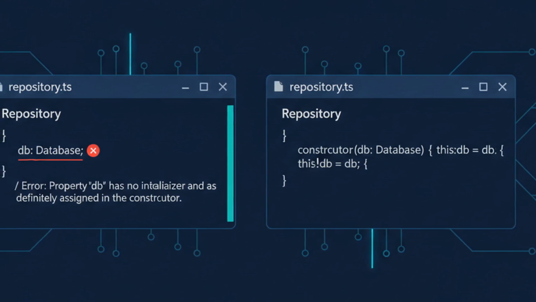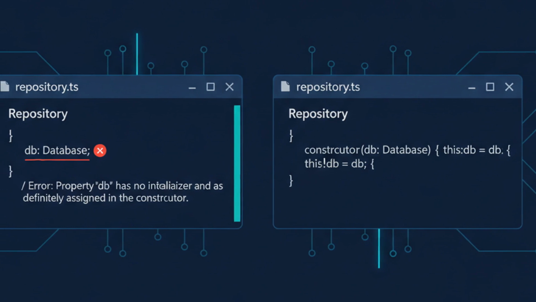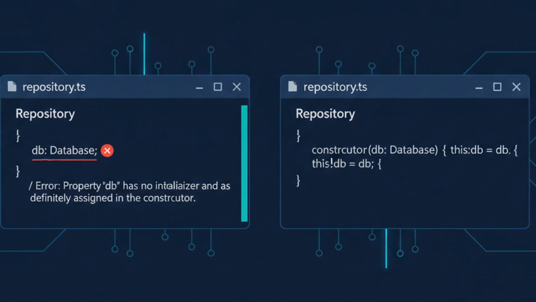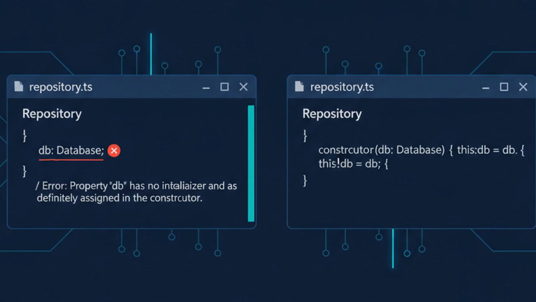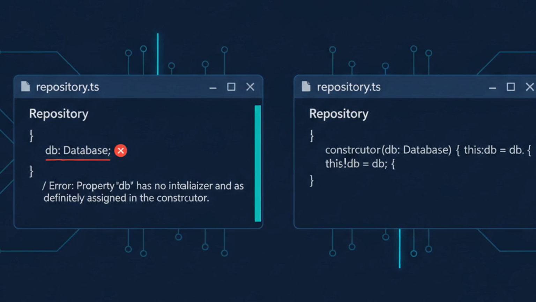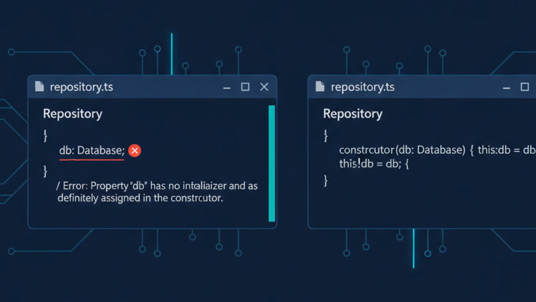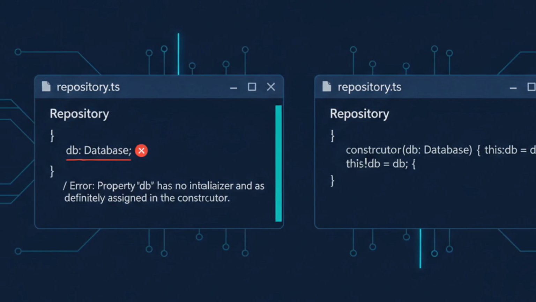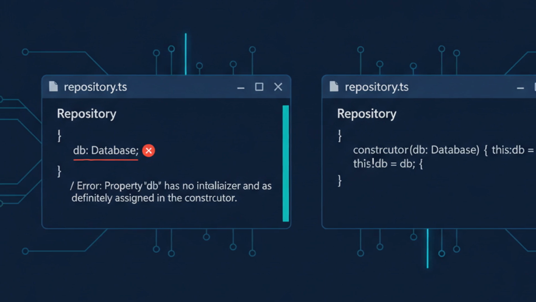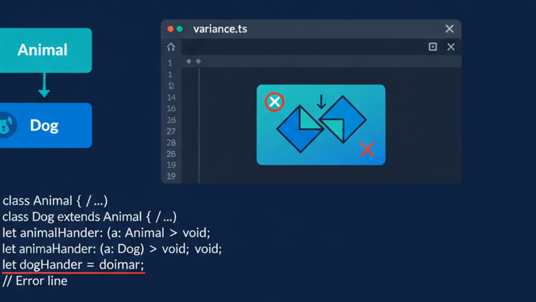You have three honest ways to satisfy it. Assign in the constructor, give a default, or mark it optional. There's a fourth escape hatch, the definite assignment assertion, but use it only when a framework guarantees initialization outside the constructor.